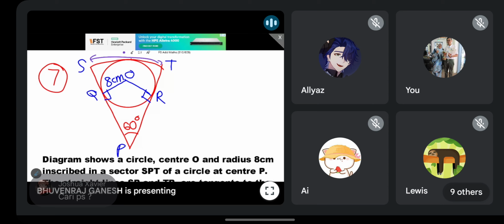Cari PS. Okay, let me see. Cari PS. Kamu tak ada info cukup untuk cari PS. Boleh. Tapi kamu kena tanya, adakah kamu cari PS, dia bantu kamu untuk cari panjang ST?